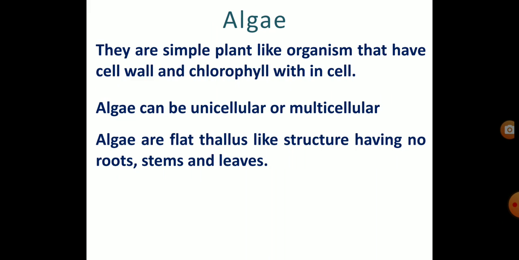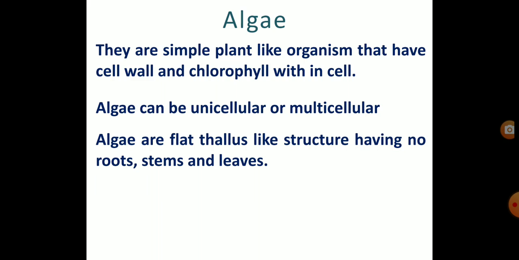Next type of organisms are algae. They are simple plant-like organisms that have a cell wall. Cell wall is a characteristic of plants also. So algae are like plants in some of the characters, you can say. They can be unicellular or multicellular. They make their own food with the help of chlorophyll, which I already told, and by the process named photosynthesis.